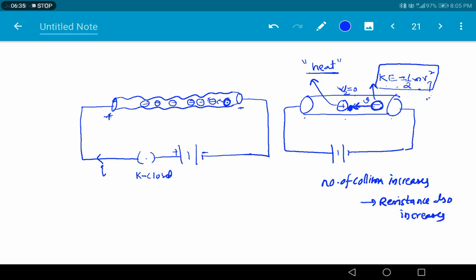We know the formula: heat developed across the resistor is directly proportional to resistance. That means as the number of collisions increases, resistance increases. As resistance increases, the heat energy across the device will also increase. So this is the reason behind the heat developed across the resistor. So you can write the reason.